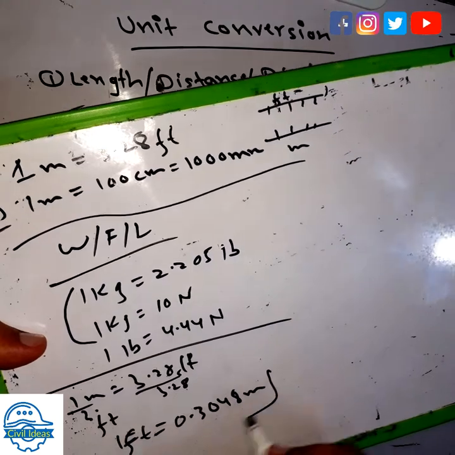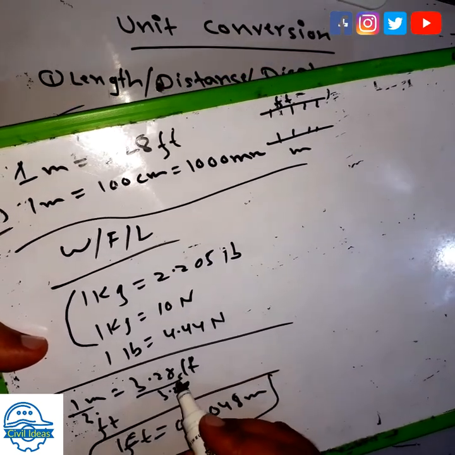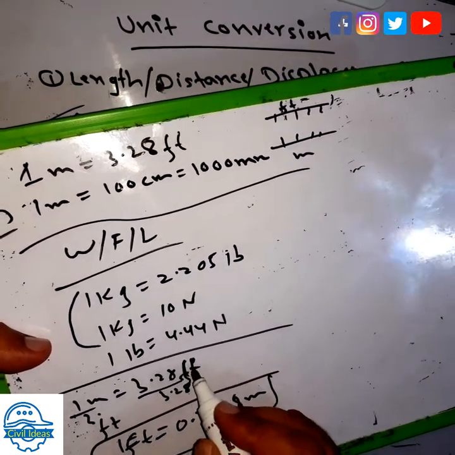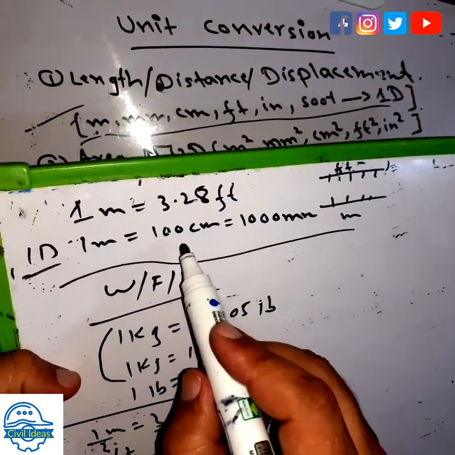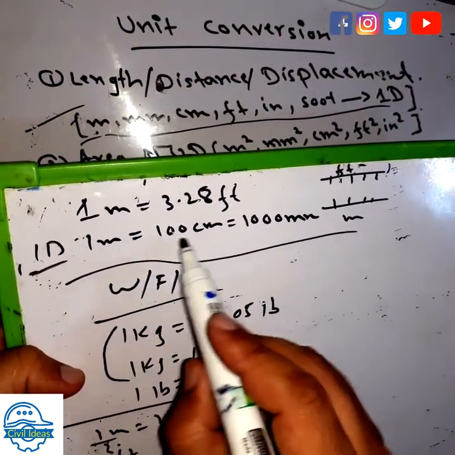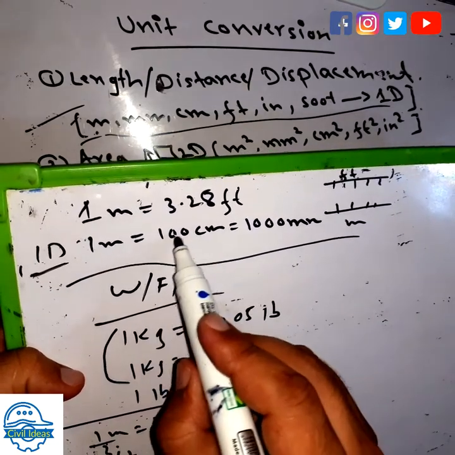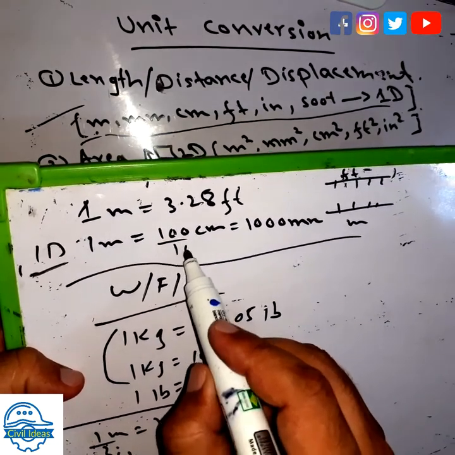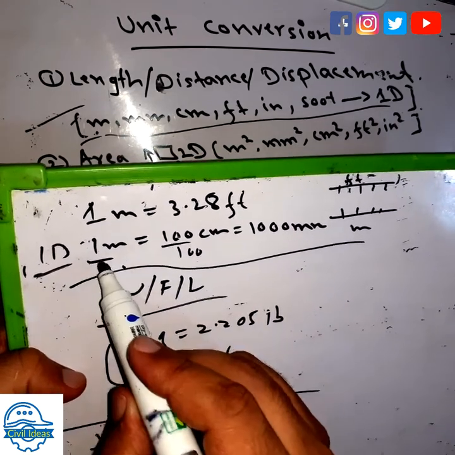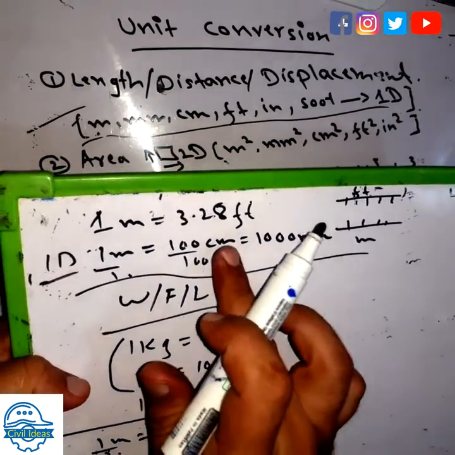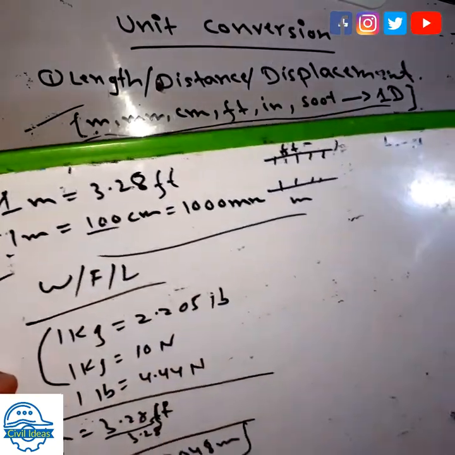You can convert just like that. If you have any value in feet, you can convert it this way. Similarly, to convert centimeter into meter, you just divide by 100 on both sides, and you will get how many meters 1 centimeter is. The same way you can convert the other units.